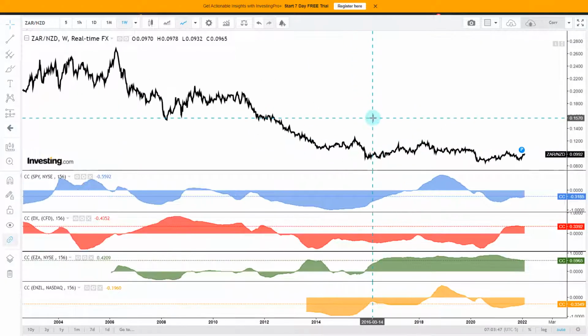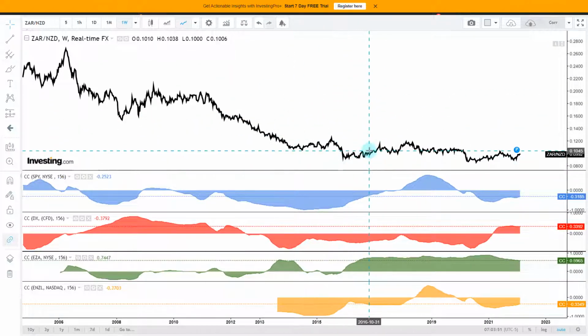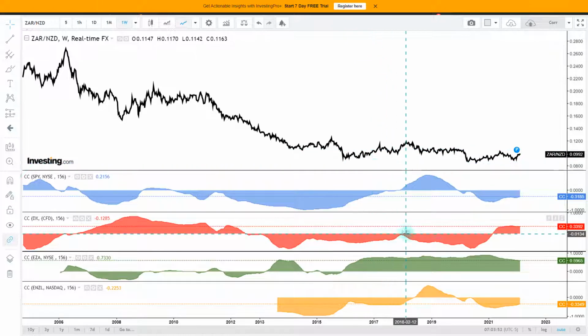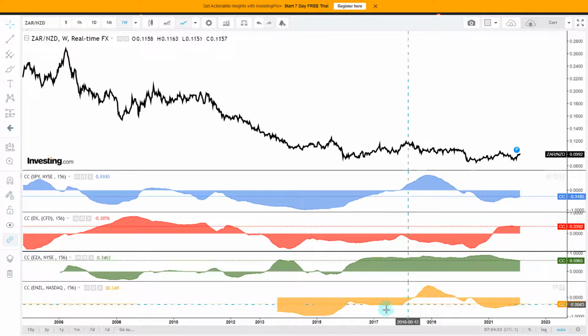Then we look at correlations. Long term, we do have minus 32% with the S&P 500, 34% with the dollar index, and 60% with the EZA, which is the South Africa stock market ETF. Then we have minus 33% with the New Zealand stock market ETF, ENZL.